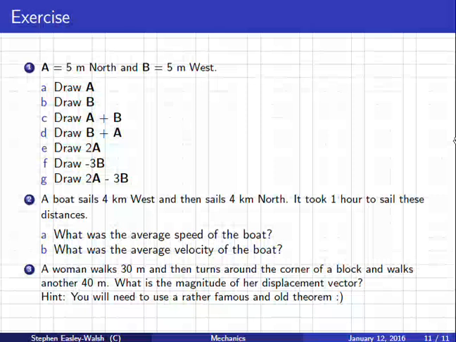So the last part, that's a typo. It should say, what was his average velocity? Do you remember velocity? It was displacement or position over time.